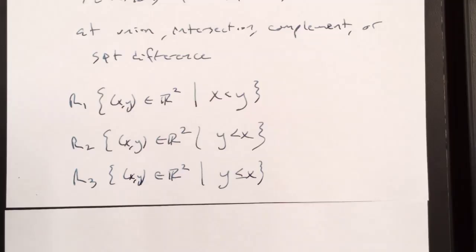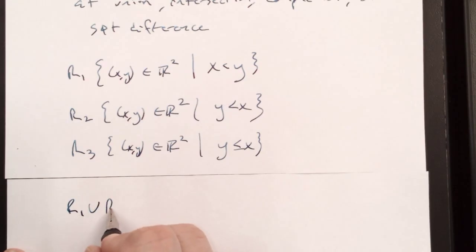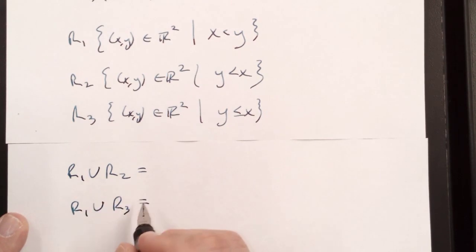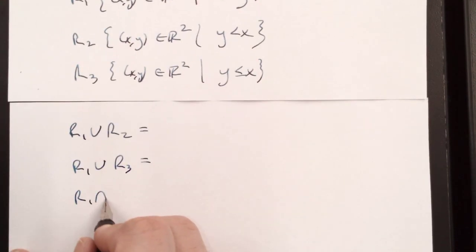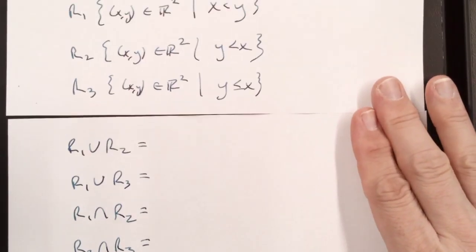So from the set of real numbers to itself. Let's see if we can describe some unions and intersections.